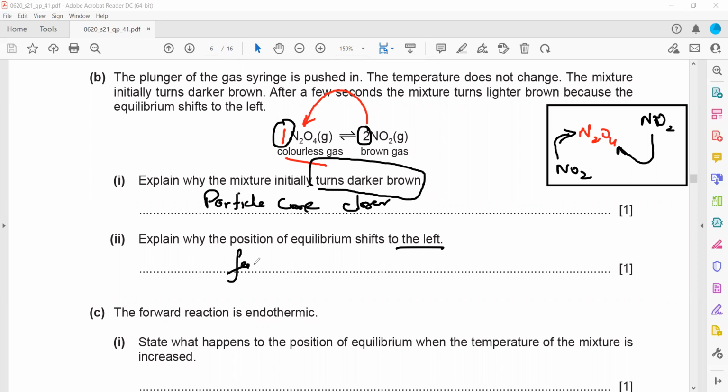Because there are fewer moles of gas on the left-hand side, and remember, an increase in pressure shifts the equilibrium towards the side where the number of moles is less. Here you have 1 mole, and here you have 2 moles. So when I increase pressure, it will always shift towards the side where the number of moles is less.